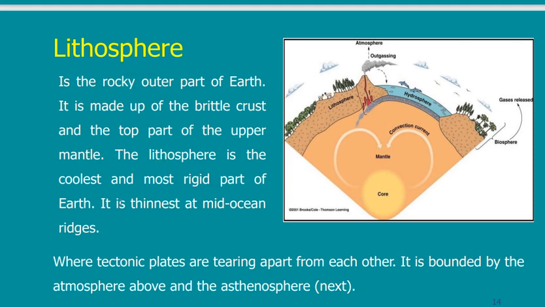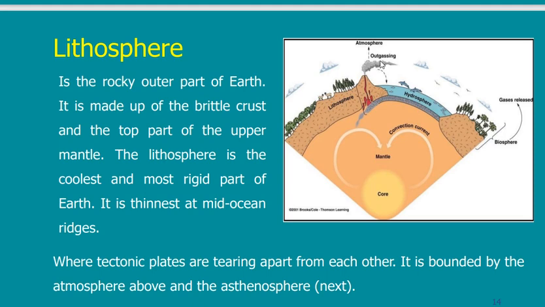So the lithosphere is the coolest and most rigid part of Earth. Of course, the lithosphere contains the crust. That's why we can say that the crust is the coolest part, and we can say that the lithosphere, of course, is the coolest part because it contains the crust plus part of the next layer, which is the upper mantle. Okay?